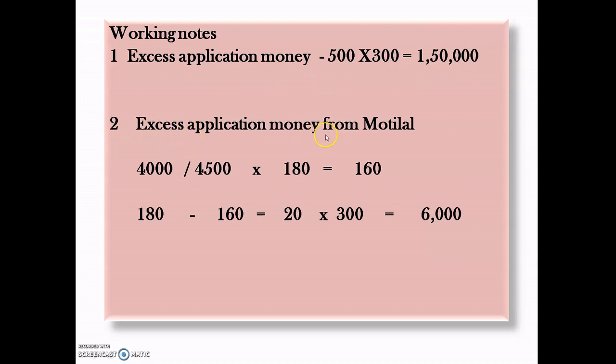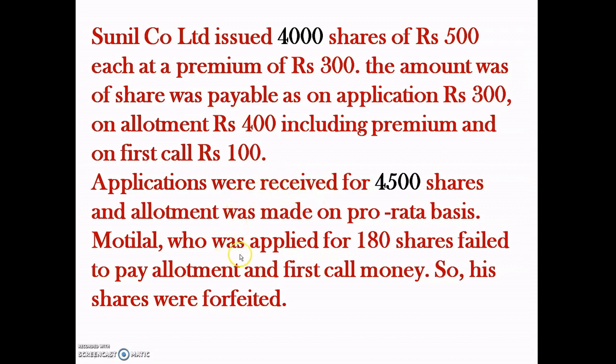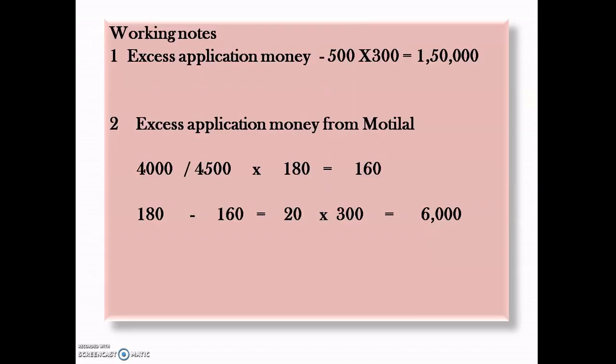Next, see here, excess application money from Motilal. As I told you in my previous videos, whatever is given, we take as the denominator, and which one you want to find out, we write on the upper side. Here the applied shares are given and we have to find out the issued shares. Denominator means downside, this is the division symbol.